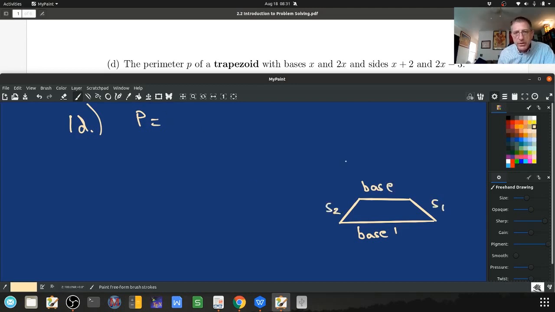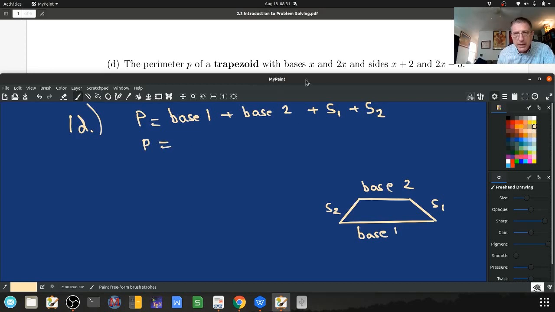So the perimeter is equal to base 1 plus base 2 plus side 1, which I'm just denoting as S1, plus side 2. So this is kind of my really general guiding equation.